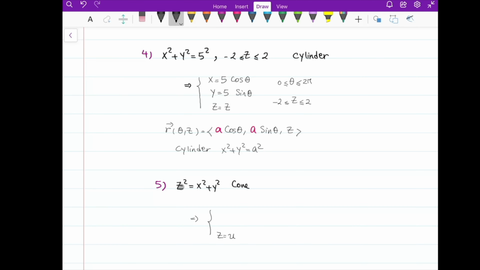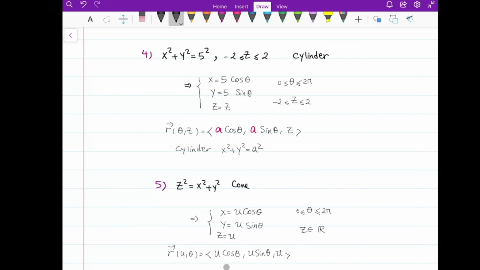Then I'm going to use polar. So for a circle of radius u, x would be u cosine theta, and y would be u sine theta, and then theta is between 0 and 2 pi to make it full, and then z is in R. So r of u and theta here would be u cosine theta, u sine theta, and then u.